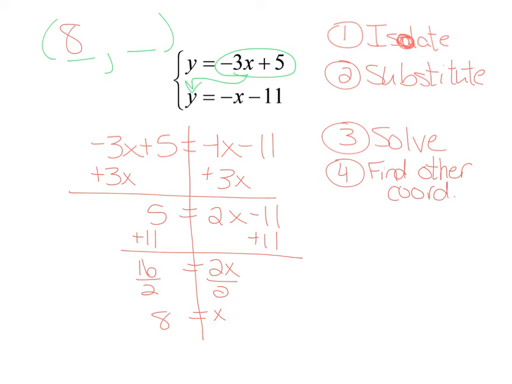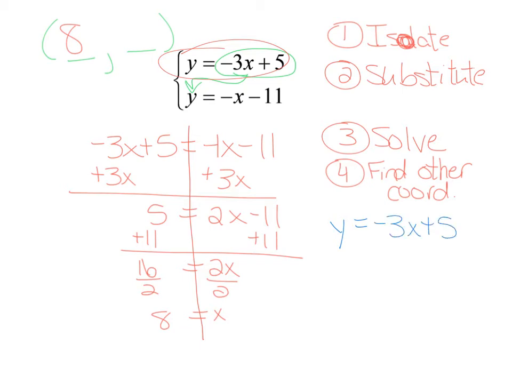Okay? Well, if I know what x is, how on earth am I going to find what y is? Well, these two equations both tell us how x and y are related. So look at them and pick which one your favorite is. I'm going to say I like this one, okay? So I'm going to come down here and I'm going to copy y equals negative 3x plus 5.